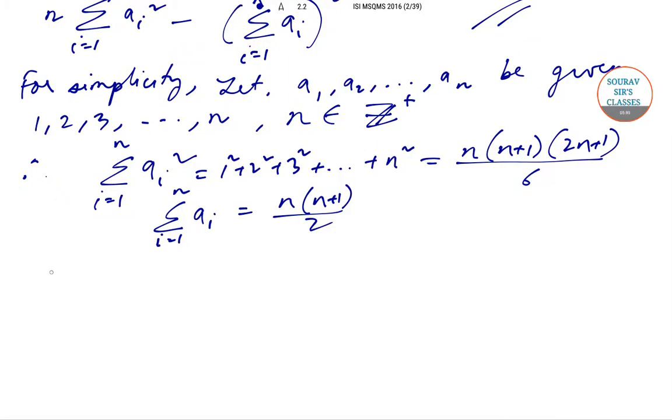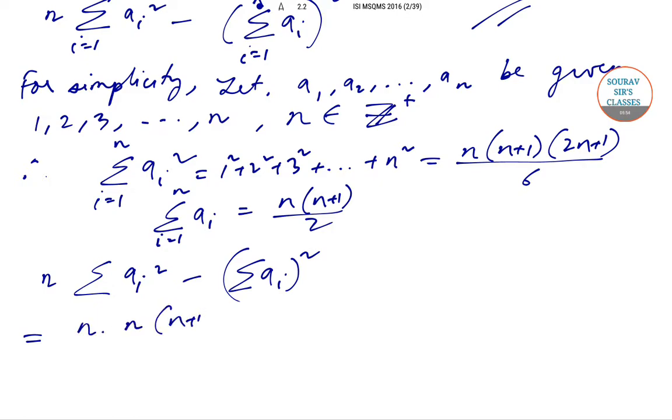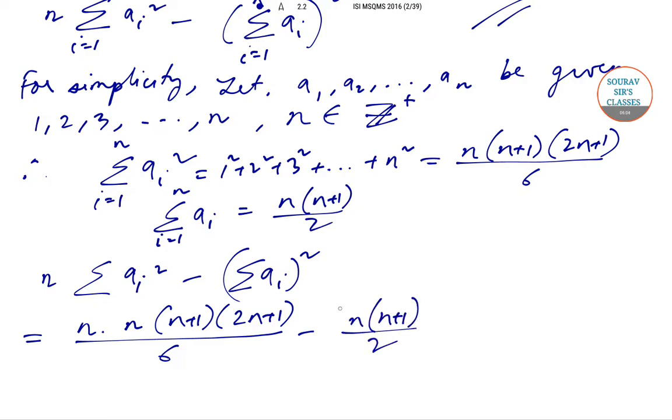So the expression that we have to consider is n into summation of ai square minus (summation of ai) whole square, and that is given by n into (n plus 1) by 6 into (twice n plus 1) minus n into (n plus 1) by 2 whole square.